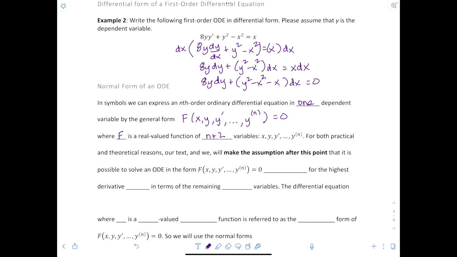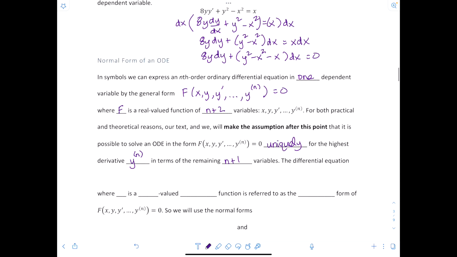For both practical and theoretical reasons, our text and we will assume after this point that it is possible to solve an ODE in this form uniquely for the highest derivative, the nth derivative of y, in terms of the remaining n plus 1 variables.